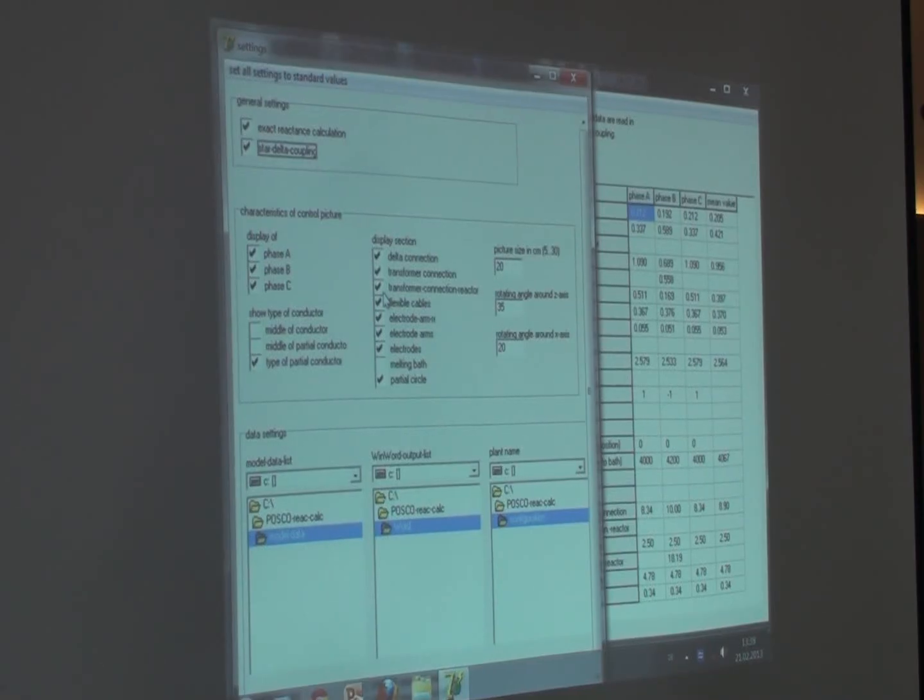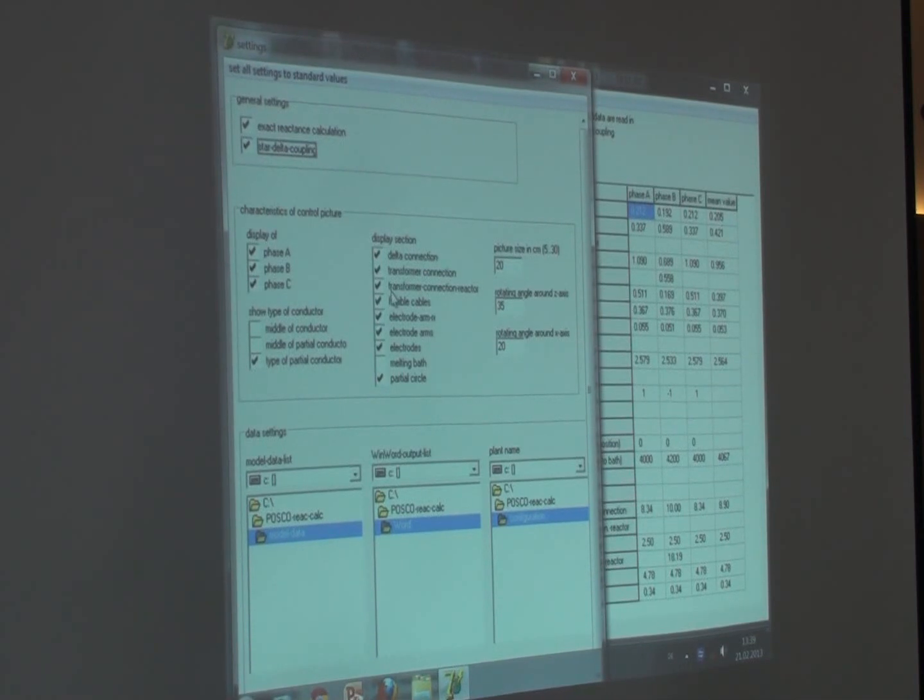The first thing that is interesting for us will be in our program we have delta star connection. The delta connection is calculated to the star side at the furnace.